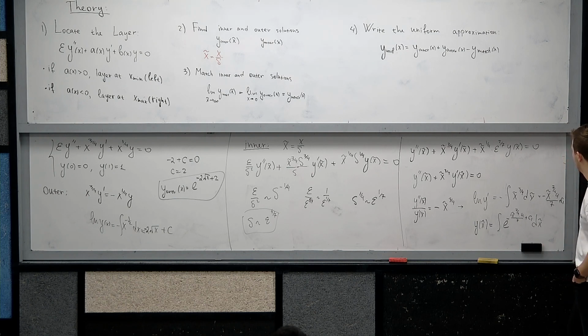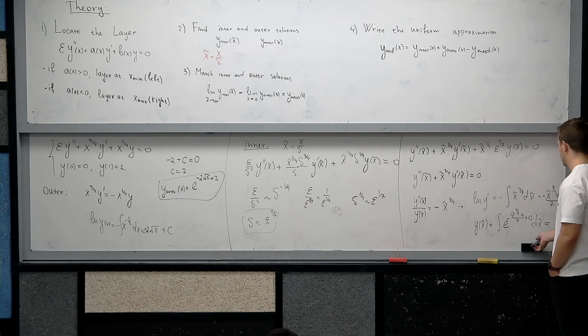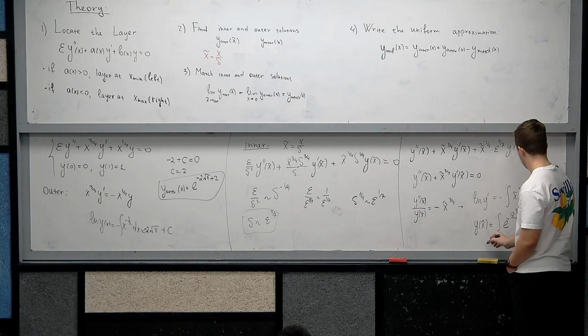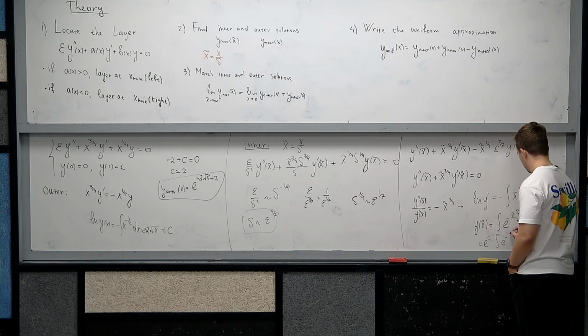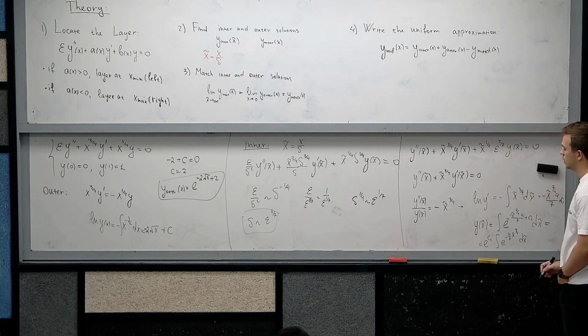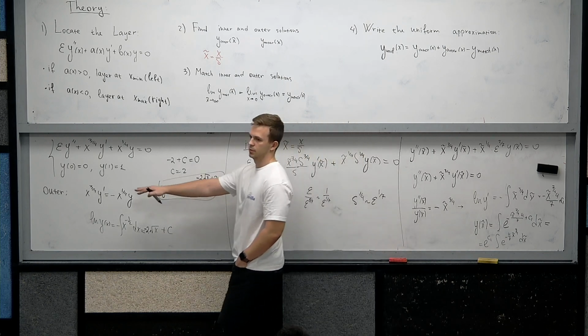So now you need to find C1. Let's write it like this because we have e to the C1 and this integral, and we need this to equal 0 at x equals 0.